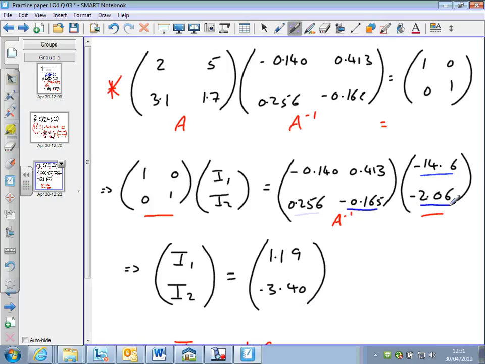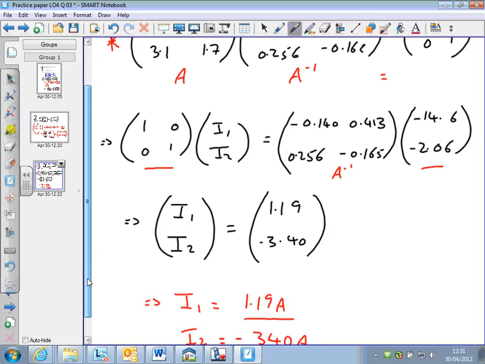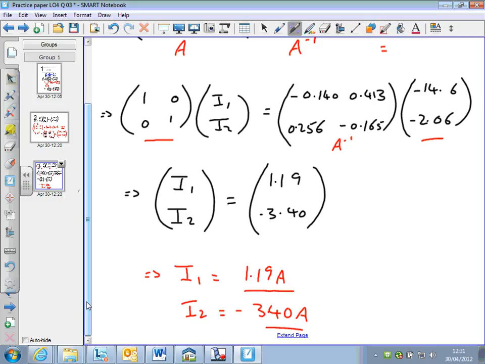And so multiply out those matrices and confirm that I1 over I2 equals 1.19 over negative 3.4. So those matrices must be identical. Therefore, I1 equals 1.19 and I2 equals negative 3.4. Negative in the sense that it's flowing the other way conventionally in our circuit. So I1 equals 1.19 amps and I2 equals negative 3.4 amps.